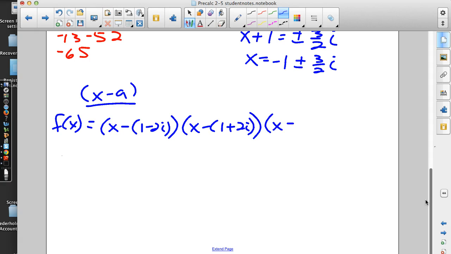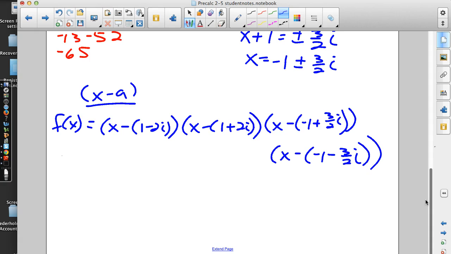X minus negative 1 plus 3/2 i. And I can't fit all this on one line. X minus negative 1 minus 3/2 i. And there it is.